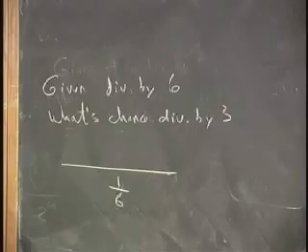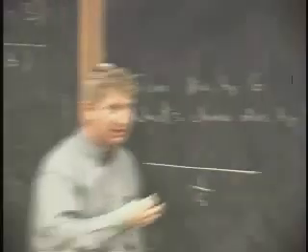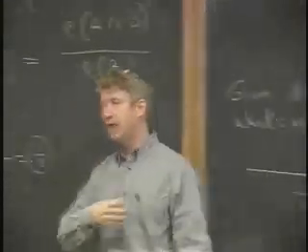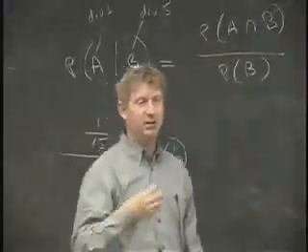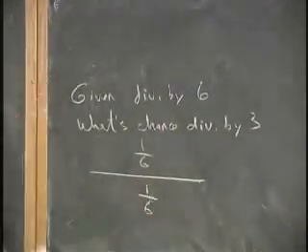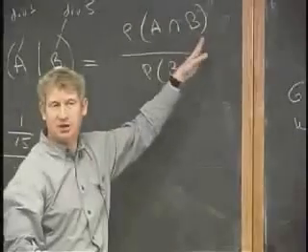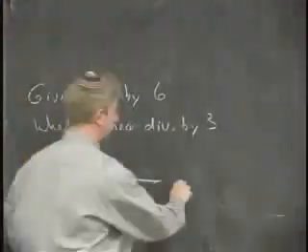Now in this case, they're not relatively prime. So the chance of a number being divisible by 6 and being divisible by 3 is exactly the same as the chance of it being divisible by 6. So you got 1/6 divided by 1/6. The intersection here just collapses and becomes uninteresting, and you get 1.